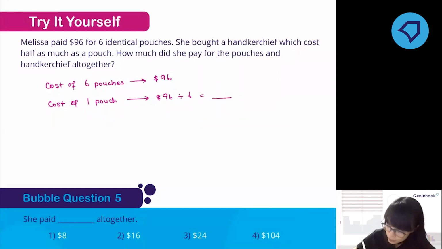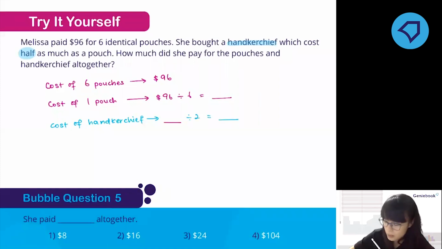And then of course, there's this next part that says the handkerchief costs half as much. So the cost of the handkerchief would be this one divided by 2.